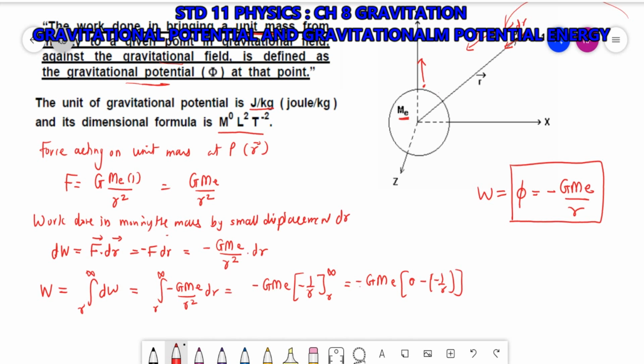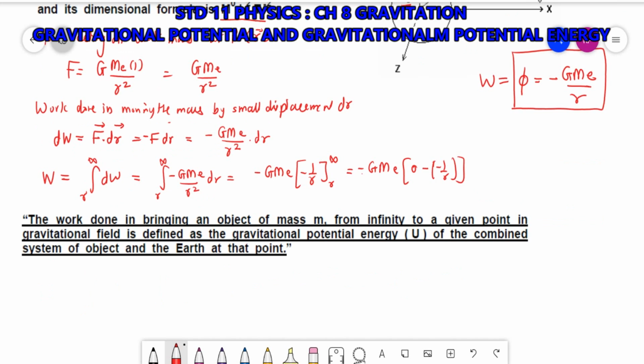Now, what is gravitational potential energy? Gravitational potential energy is the work done in bringing an object of mass m from infinity to a given point in gravitational field. In gravitational potential we were taking unit mass, but here it's an object of mass m. So the work done in bringing a mass of m will be multiplied by m.